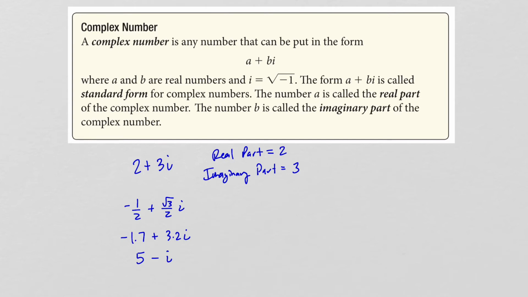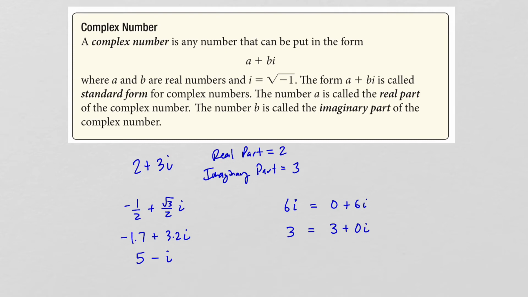And then a couple of special examples: a number like 6i is a complex number because 6i is the same as 0 plus 6i. And a number like 3 is a complex number because 3 is the same as 3 plus 0i.